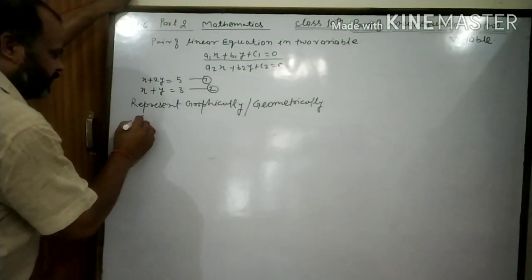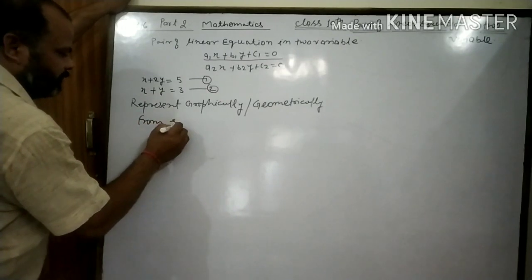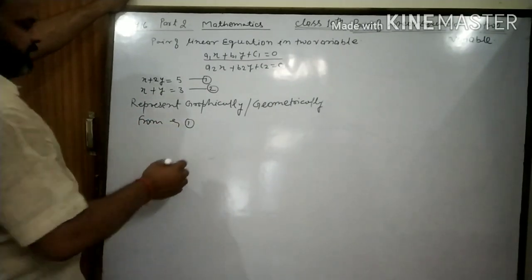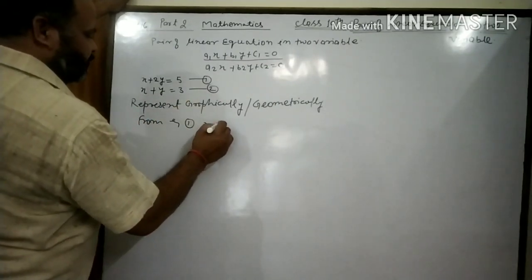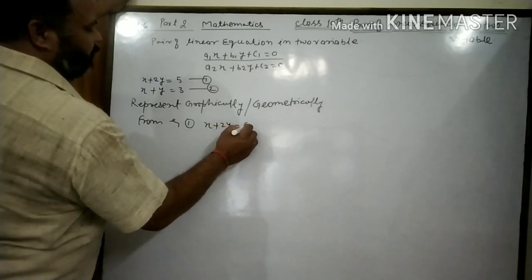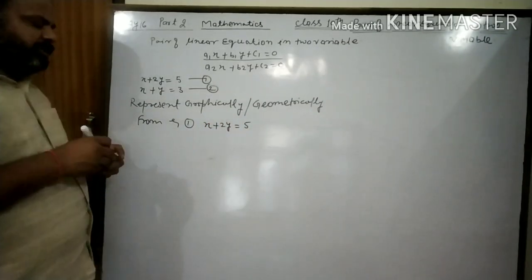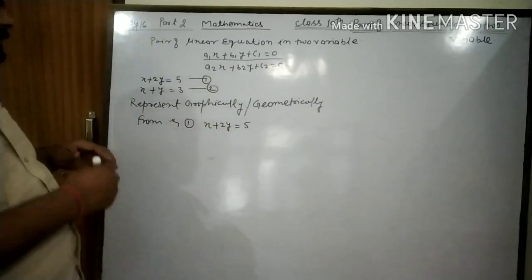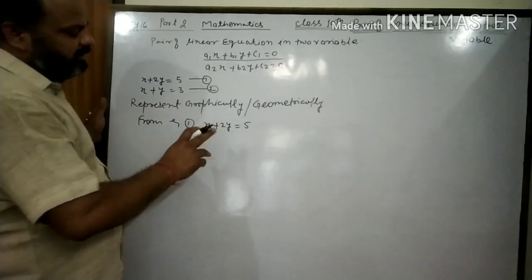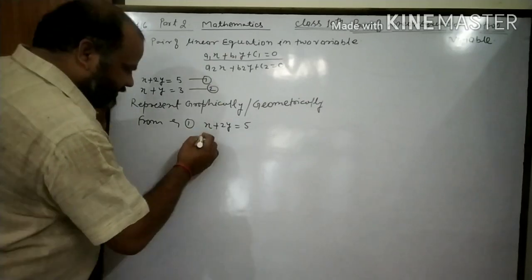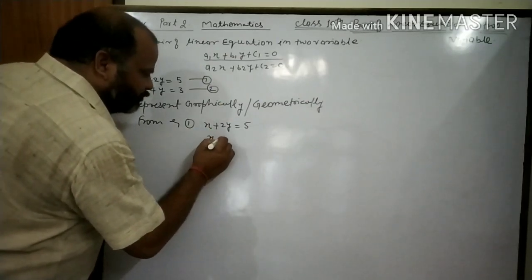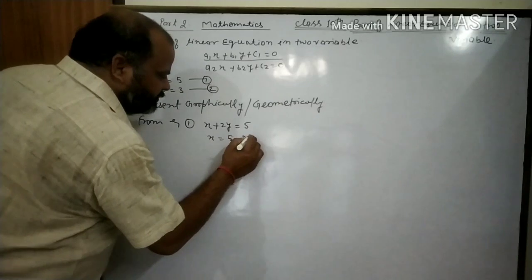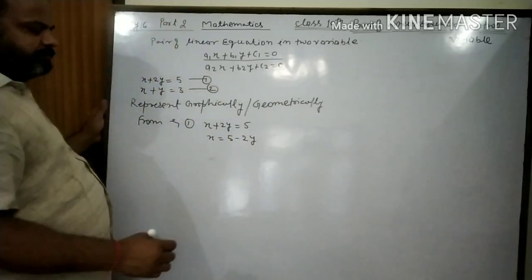First from equation 1. This equation 1, x plus 2y is equal to 5. Write this equation 1 in the form of y. Clear? It means it is written in the form of y or x. Then here x is equal to 5 minus 2y. Clear?